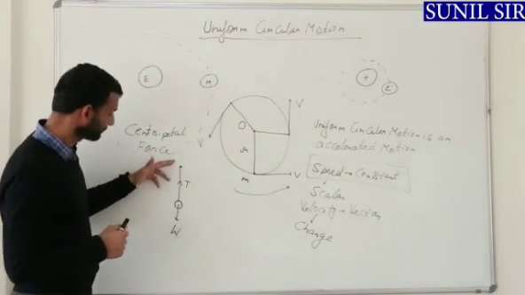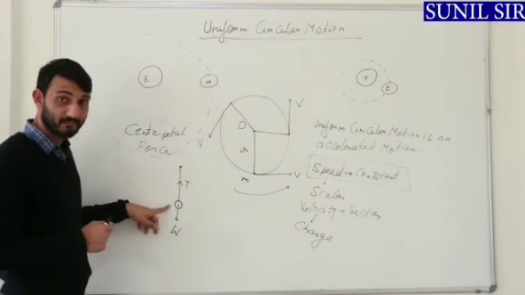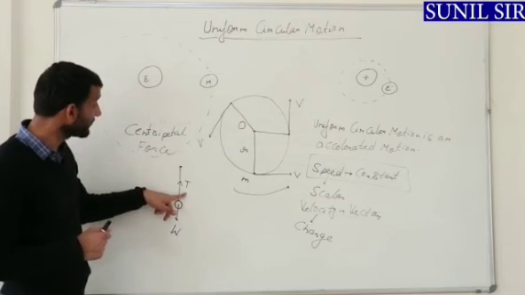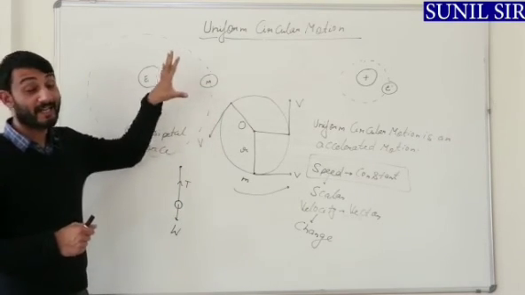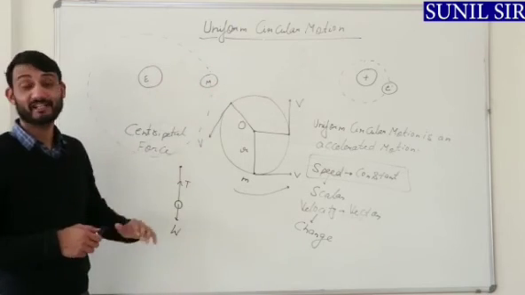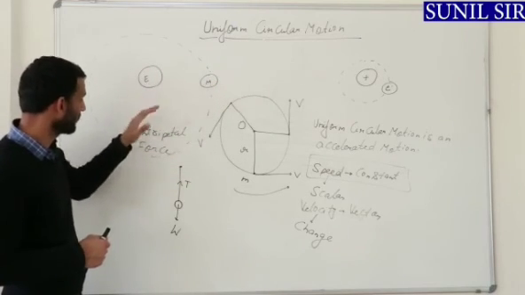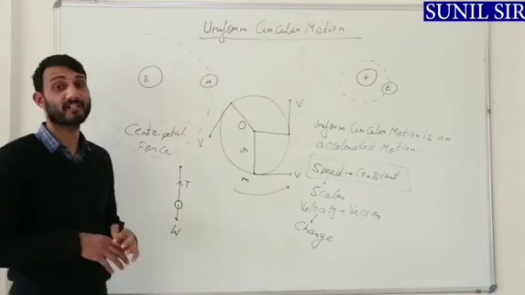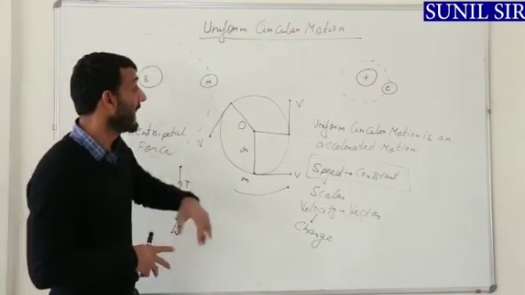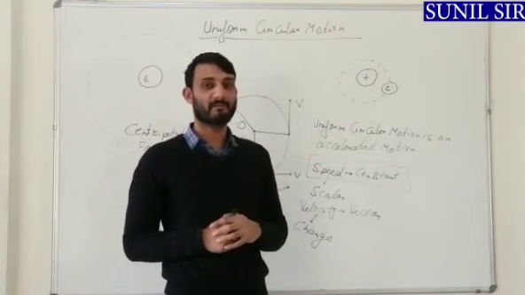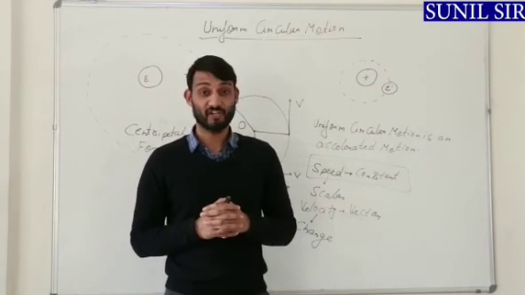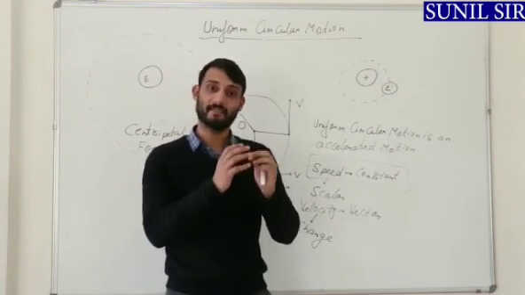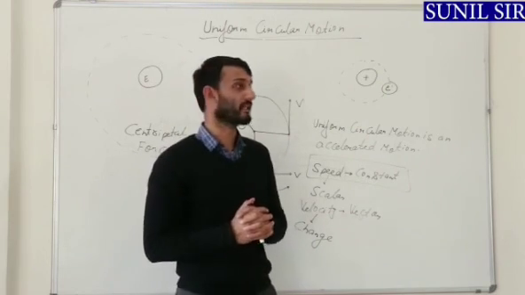In the string and mass system, it is generated by the tension in the string. In the case of Earth and Moon or Sun and any other planet, it is generated by the gravitational force. And here the force is generated by the electrostatic force acting between the negatively charged electrons and the positively charged nucleus.